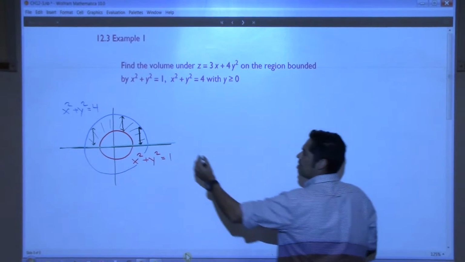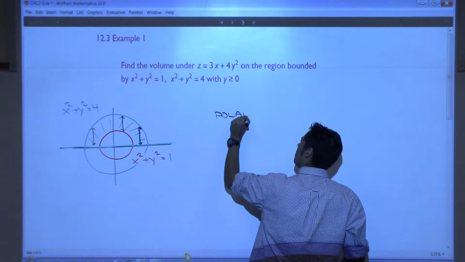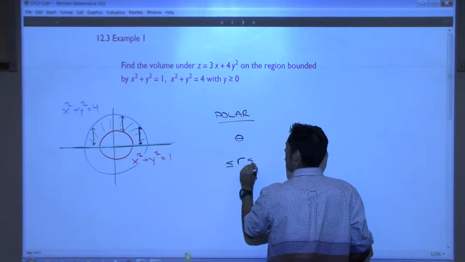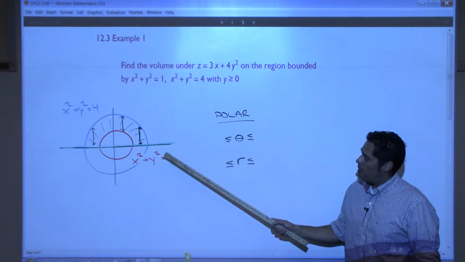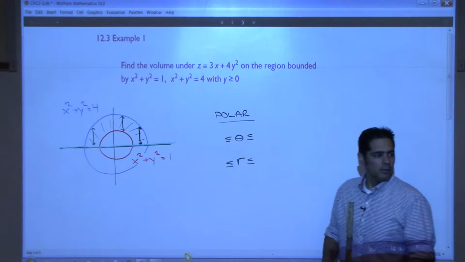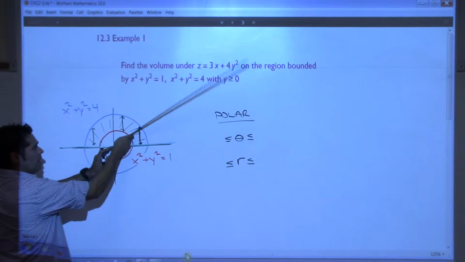So in terms of this region, give me that in polar. What is the restriction on theta and the restriction on r that would draw that same region? So how about theta? How are you going to draw all the points in here? Yeah, you're only allowed to point between 0 and pi.